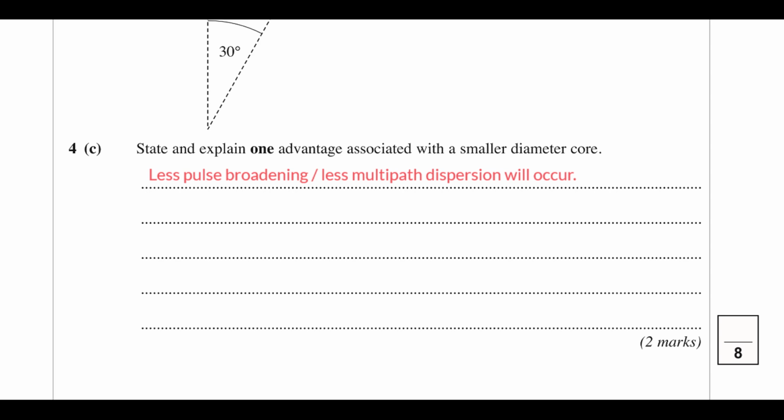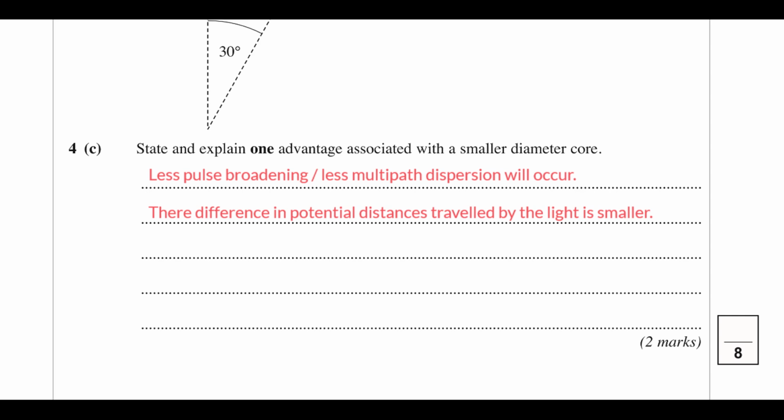So in terms of explaining it, the difference in potential distances traveled by the light is smaller.